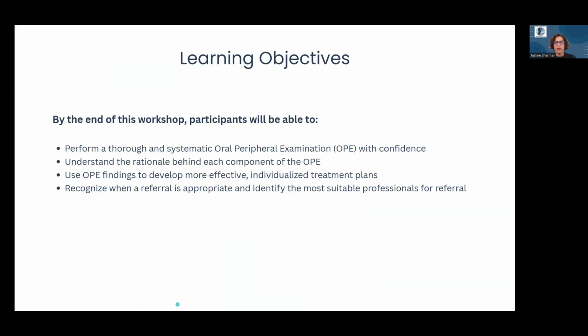Okay, so we're starting with learning objectives. So I want to welcome everyone here. I am so glad you're here because we're diving into a topic that is foundational, but often undertaught, which I saw in a lot of your comments that you really didn't get this information in grad school, and that is the oral peripheral examination.